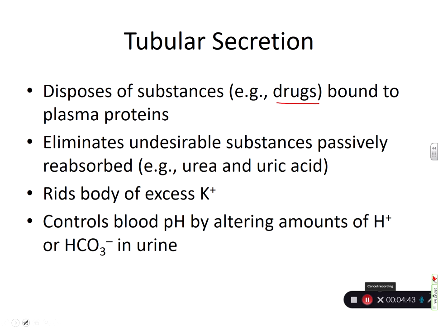But what ends up happening is you pull them out in the first step in glomerular filtration. You put them back in your bloodstream during tubular reabsorption. So in the third step, we're going to put them back in the urine. We got to get rid of those. It's a waste. We don't want it in our blood. It gets rid of excess potassium, and it also, like I mentioned, maintains that acid-base balance because it can regulate the amount of hydrogen ions that we have in our body.